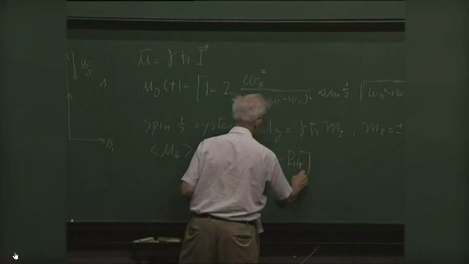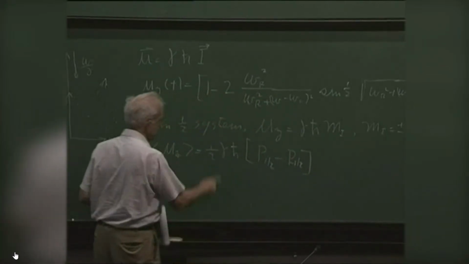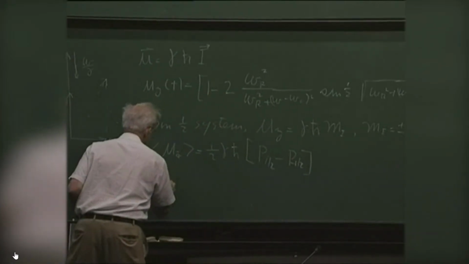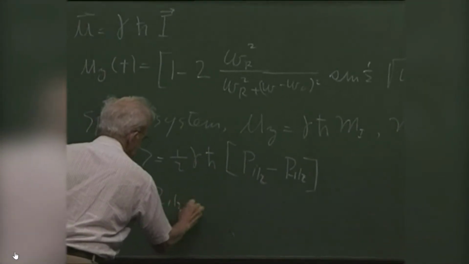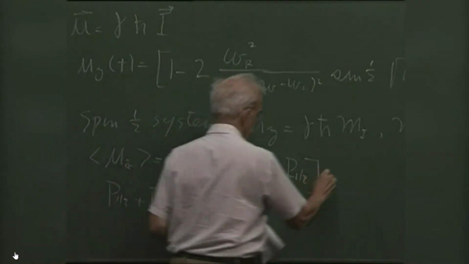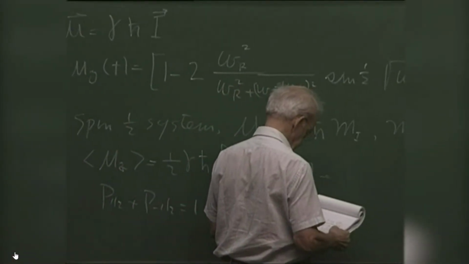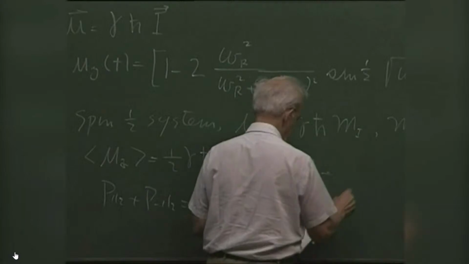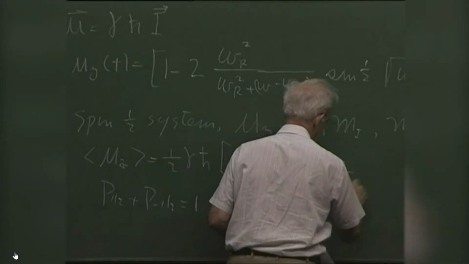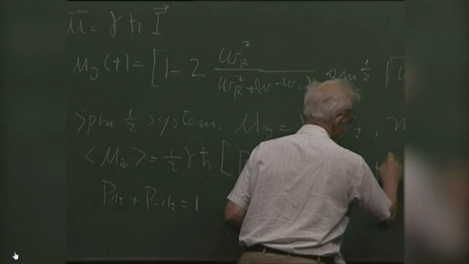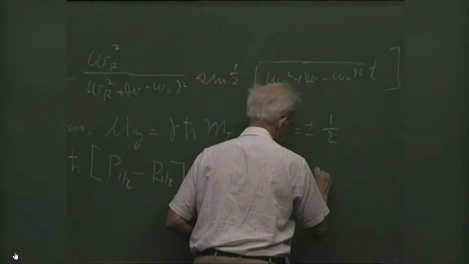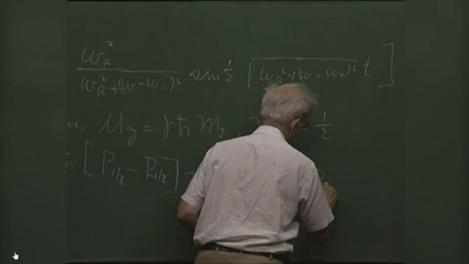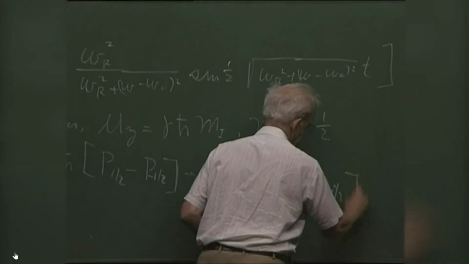So these are the probabilities, and of course the sum of the probabilities, p 1/2 plus p minus 1/2, is equal to 1. So I can write this just as well as 1/2 gamma times h bar times 1 minus twice the probability of being in the minus 1/2 state.